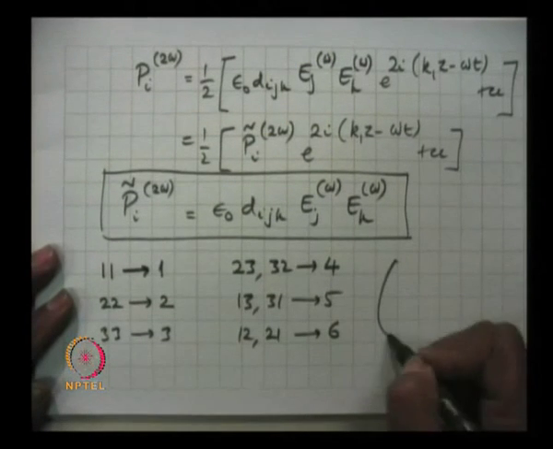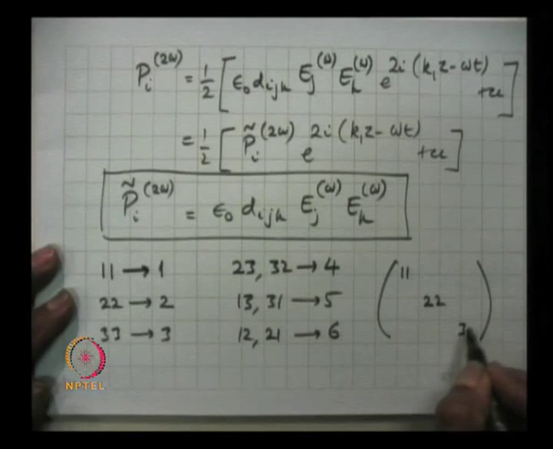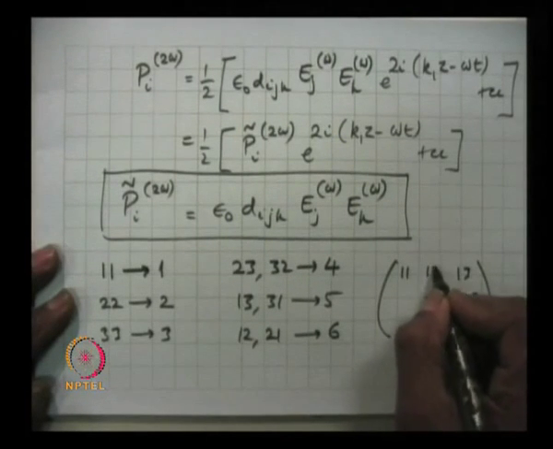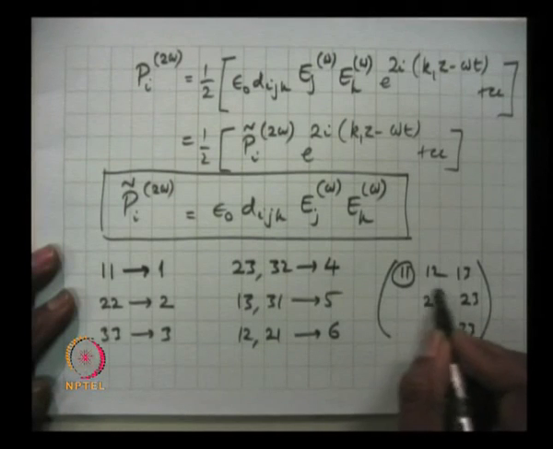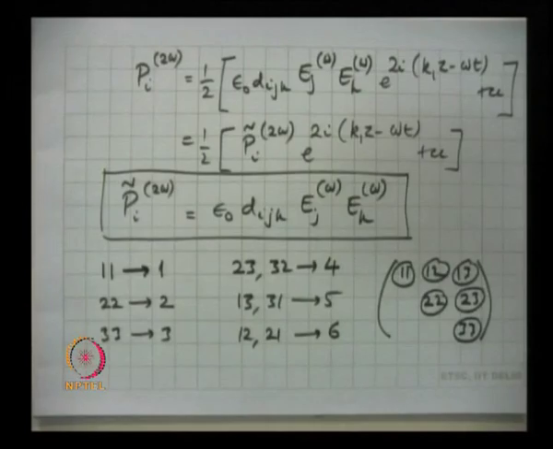You can remember very easily: this is 11, 22, 33, 23, 13 and 12. So, this is 1, 2, 3, 4, 5, 6.